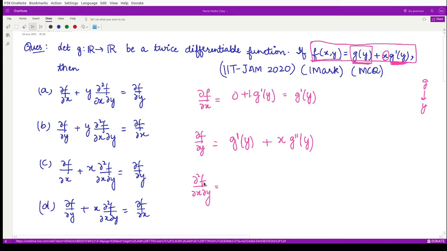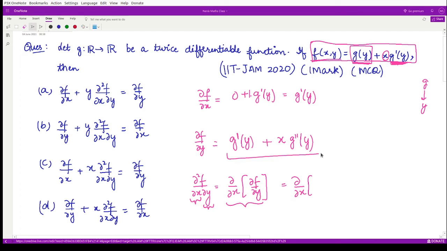And when you take the partial derivative with respect to x of del f upon del y, notice here the order of differentiation. Firstly the differentiation has been performed with respect to y and then with respect to x. So we take the partial derivative with respect to x of del f upon del y.